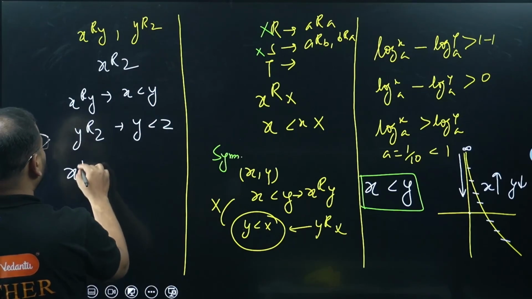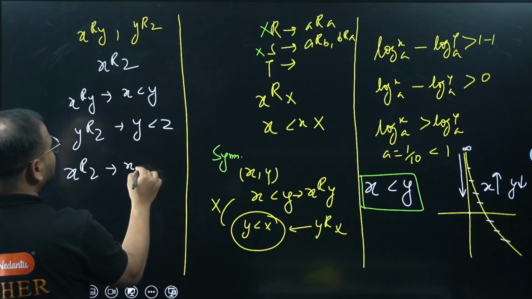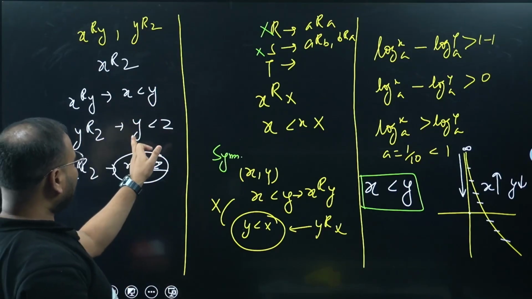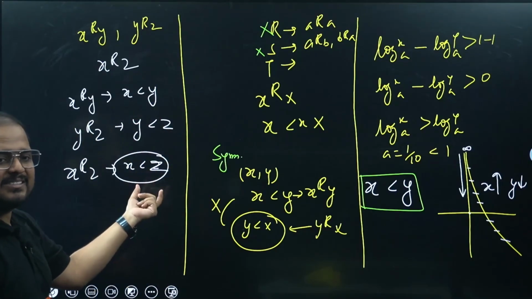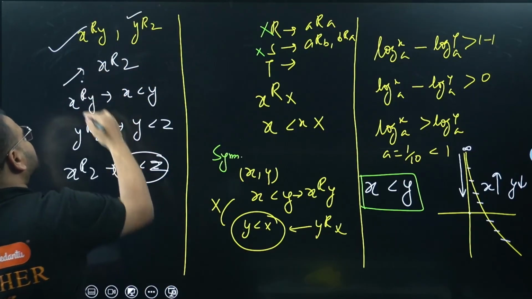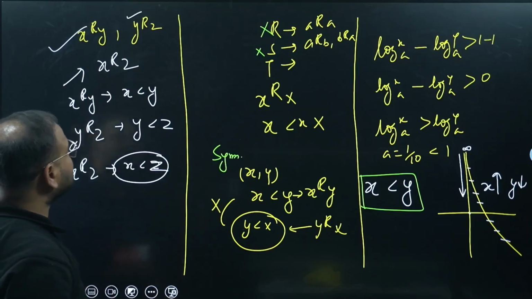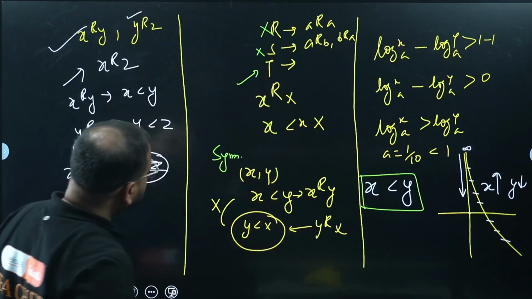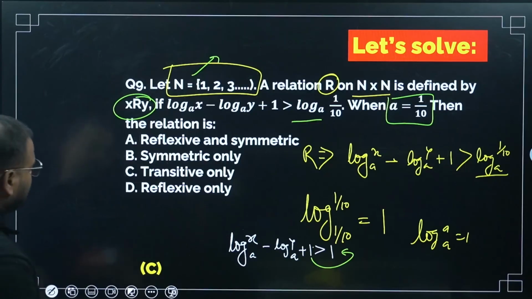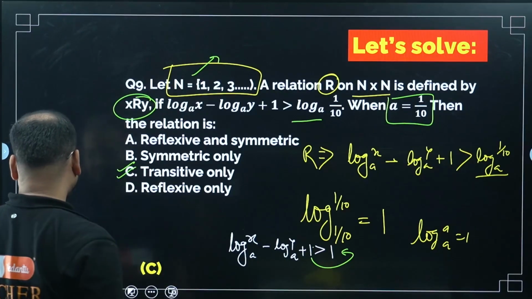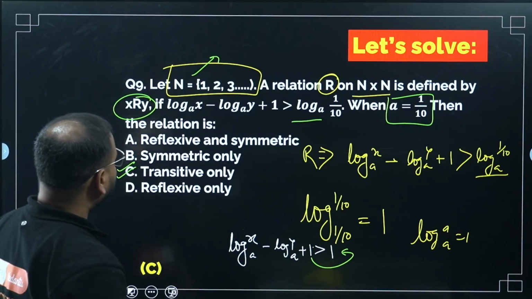Then x R z will look like x less than z, which is true, because x is less than y and y is less than z means x is less than z. So the if-then condition is satisfied, and transitive is there. So only transitive, option C. I hope this is clear.